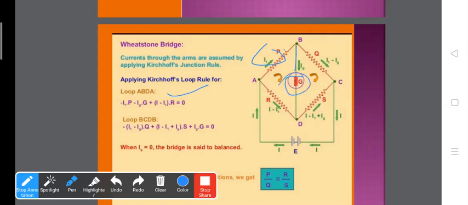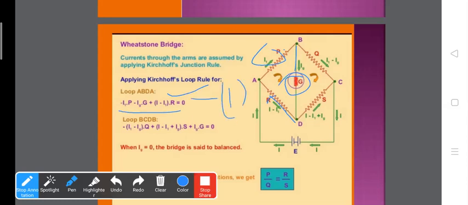Clear? And when we go in this direction, it will be plus (I minus I1) into R equal to 0. Call this equation 1, right?